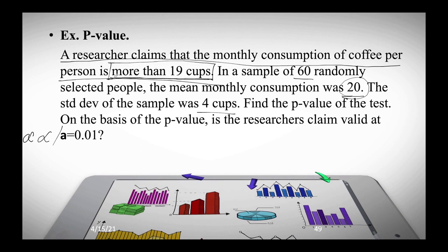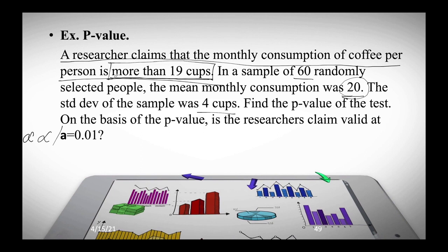Dito pa lang sa terminology na yan, kung babalikan ninyo yung introduction, meron ako dun tinurong technique kung paano nyo madaling makikita yung pag-convert ng isang worded problem into a mathematical symbol, greater than, less than, something like that. So, ito, more than 19 cups. So, hindi niya sinabing more than or equals.